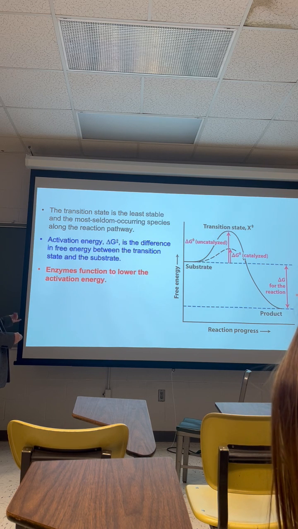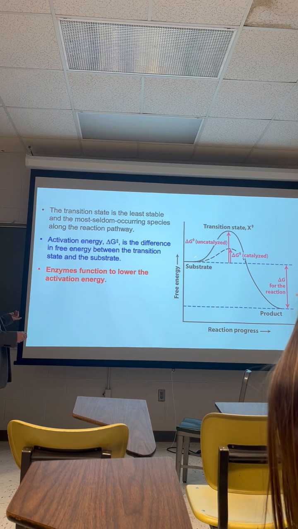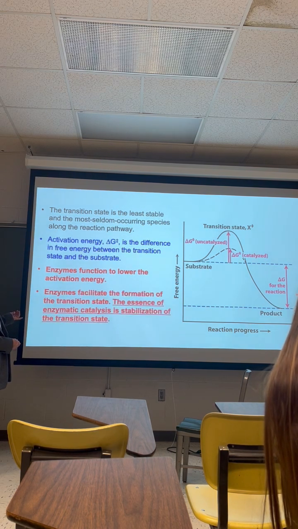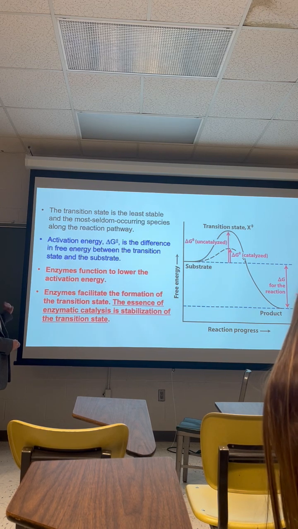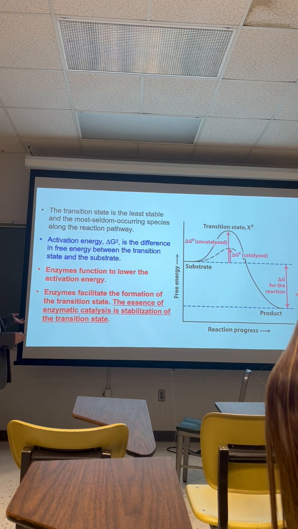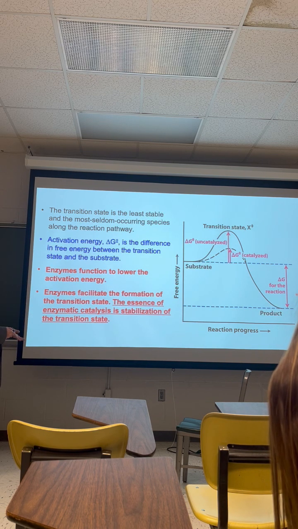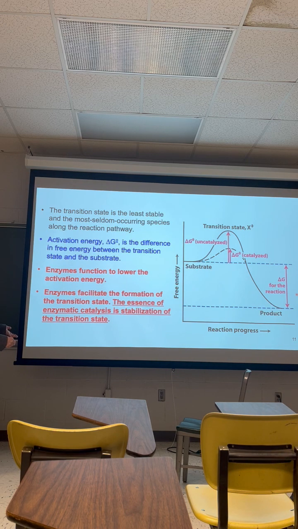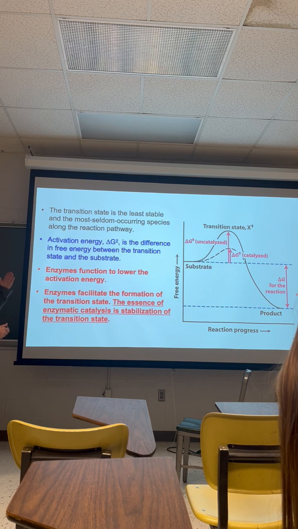So the enzymes function to lower the activation energy, and the enzymes facilitate the formation of the transition state. As I'm saying this, you can also phrase it that they stabilize the transition state. So the essence of enzymatic catalysis is stabilization of the transition state or decrease of the activation energy.